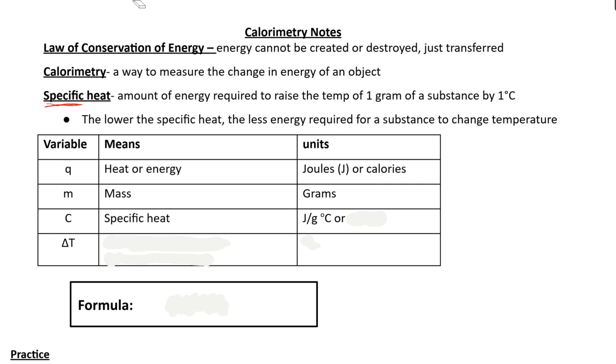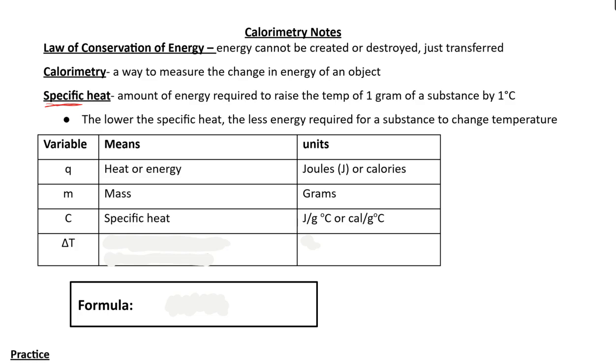Okay, now because the other thing that I can have for energy, I could have joules or I could have calories. Another option is I could have calories per grams degrees Celsius. So whenever you see that big long specific unit, your number is the specific heat. Okay, now the last one is not triangle.